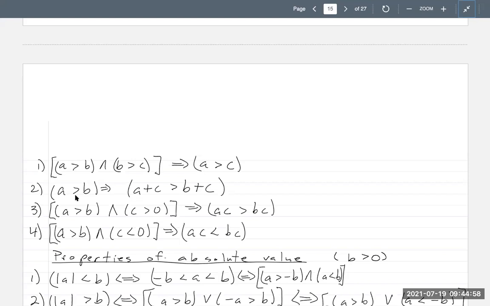Next, we have the additive property of inequality. If A is greater than B, again, could be less than, or equal to, etc., then A plus C is greater than B plus C. So if you add the same quantity to both sides of your inequality, the inequality does not change.